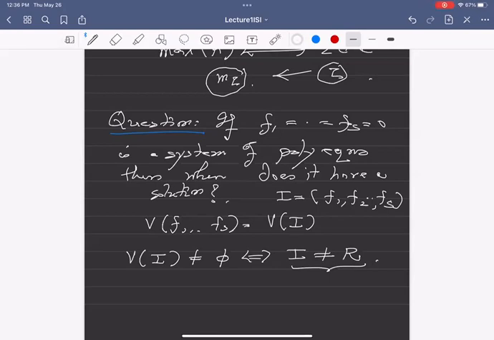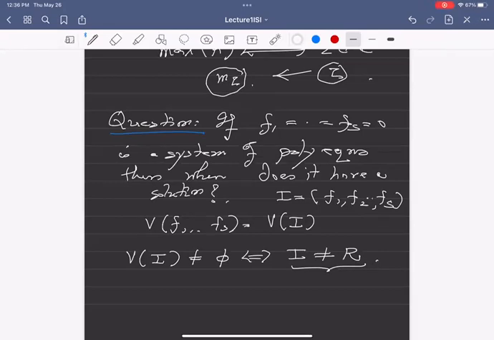Why is that true? The constant one belongs to the ideal, since it is the whole ring. So a non-zero constant belongs to the ideal, but a non-zero constant doesn't vanish at any point.